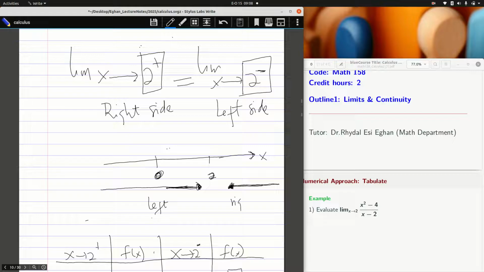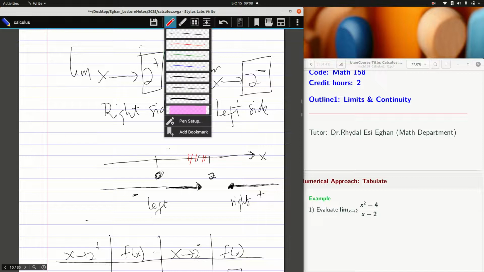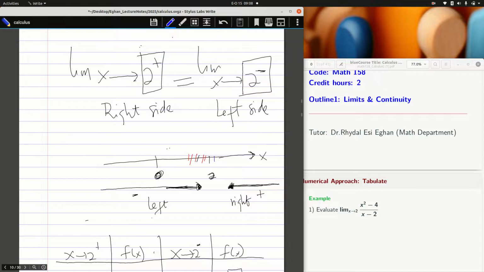And right portion is the same as the positive side, left side is the negative. Now this does not necessarily mean negative values. No, it's just the left side of 2. So numbers here are all the left side of 2, and then numbers here are all the right side of 2, not necessarily negative numbers.